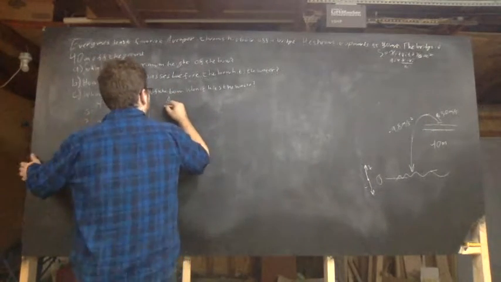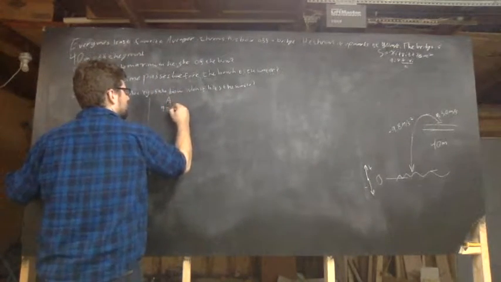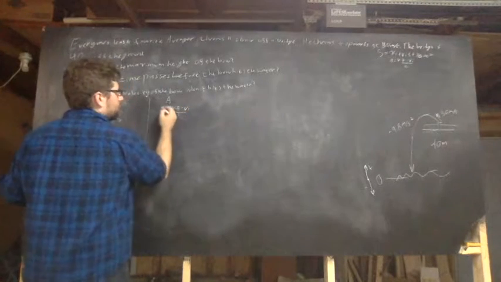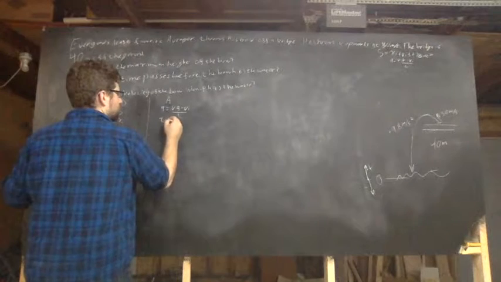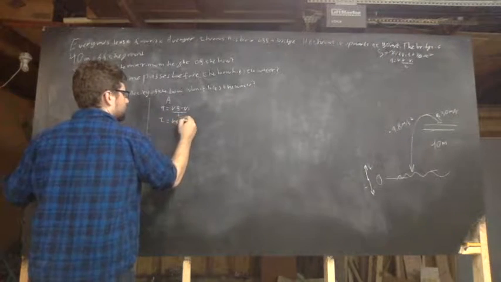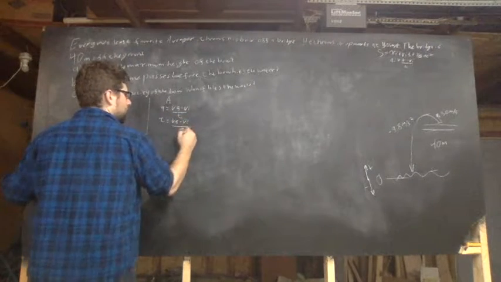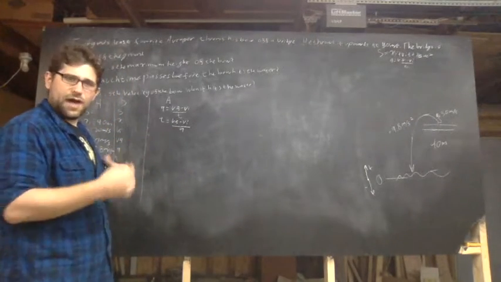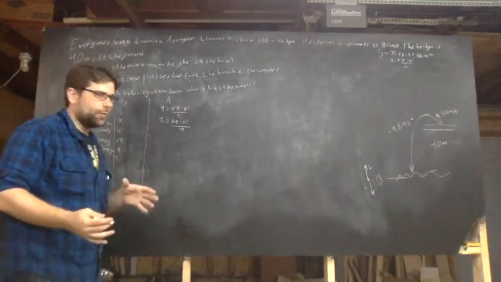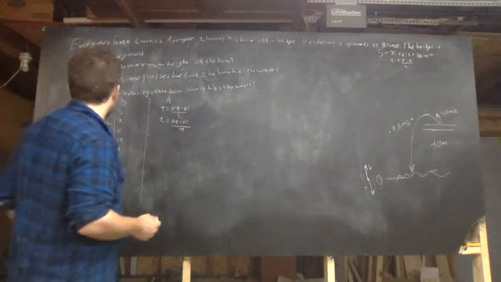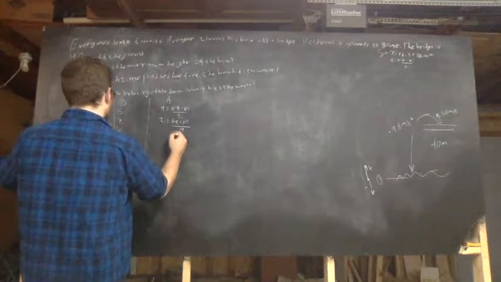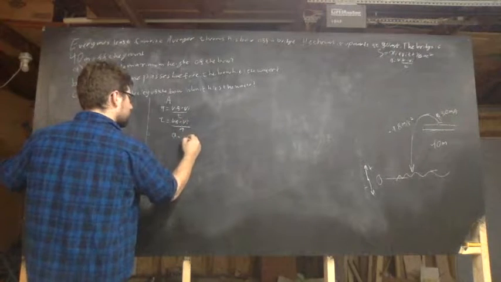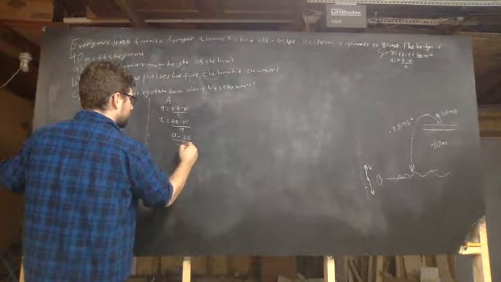Part A, first, a equals vf minus vi over t. Rearranging to solve for t, that's just going to be t equal to vf minus vi over a. Are you guys starting to get used to these rearrangements that we're doing kind of frequently? I hope so. So, substitute in our values. Vf, 0, minus a Vi of 30, all over negative 9.8.